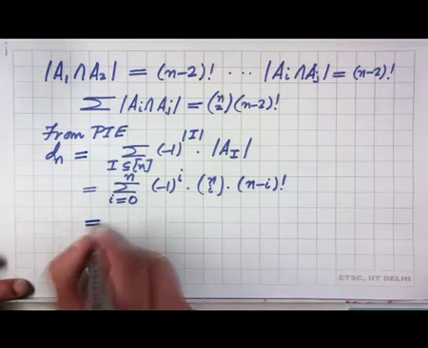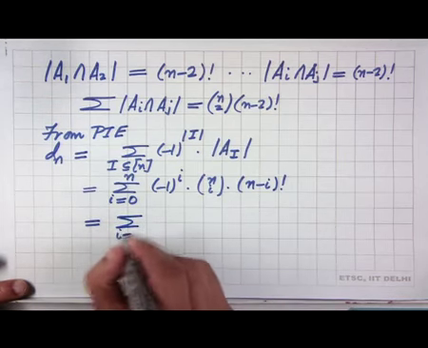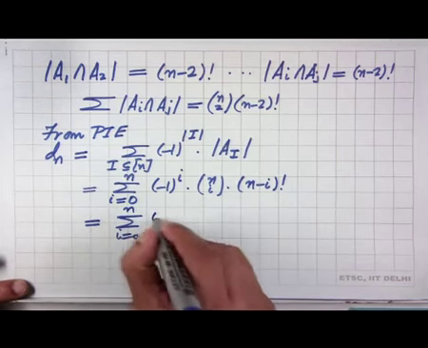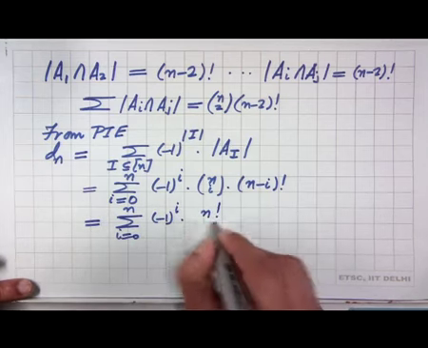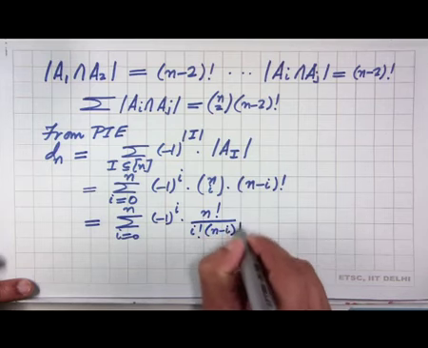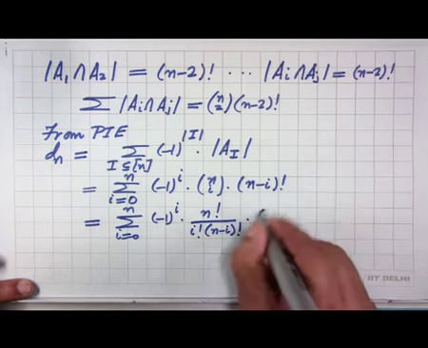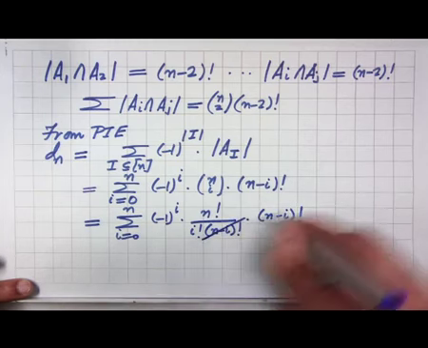We can simplify this a little bit. If you simplify this a little bit, you get sum i from 0 to n, minus 1 to the power of i, and I could write n choose i as n factorial over i factorial times n minus i factorial. And I multiply by n minus i factorial. And I can cancel these two terms out here.